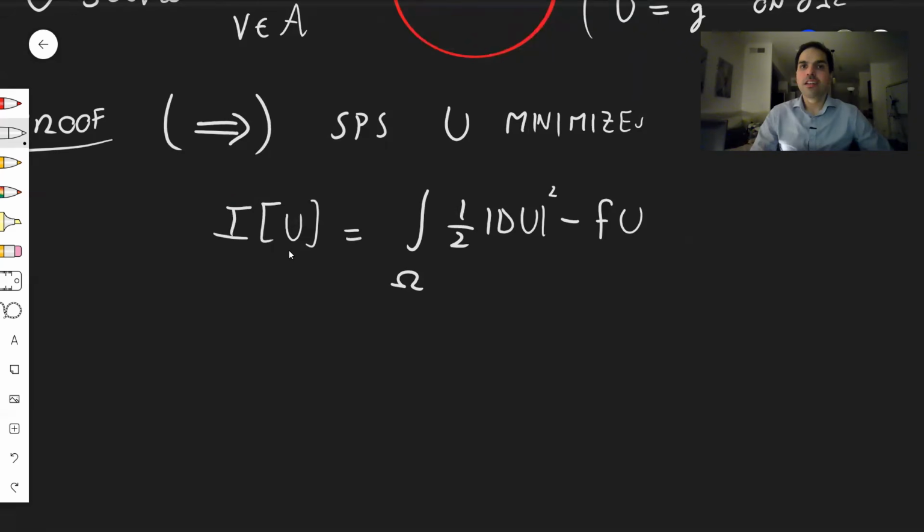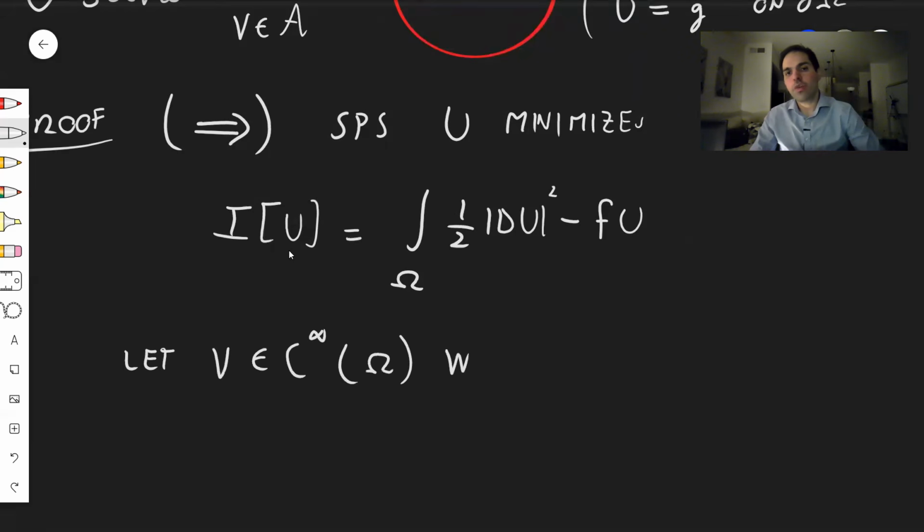How? What I write down now won't quite make sense, but you'll see in a second why it makes sense. So let v be in C infinity of omega, with v identically equal to 0 on the boundary, be fixed.